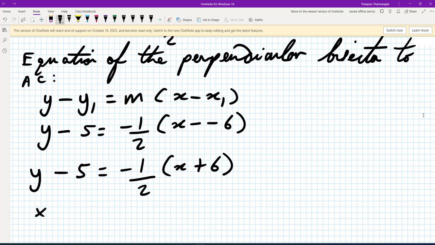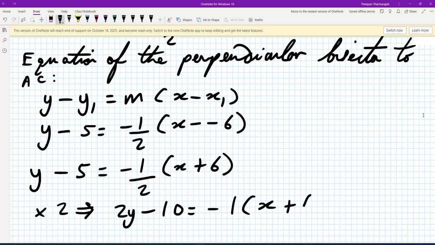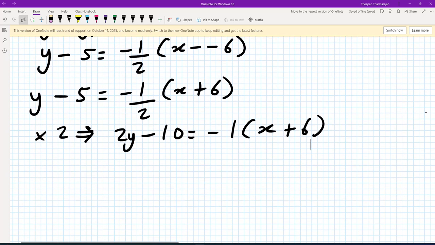Now times everything by 2. So we get 2y minus 10 is -1 times x plus 6. That's going to give me 2y minus 10 equals -x minus 6.